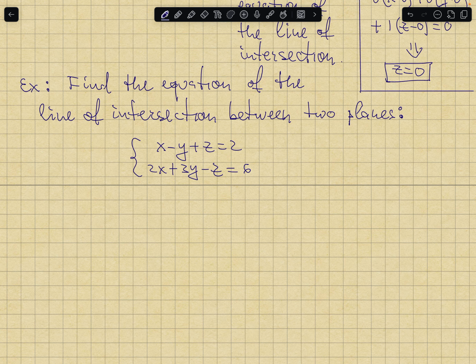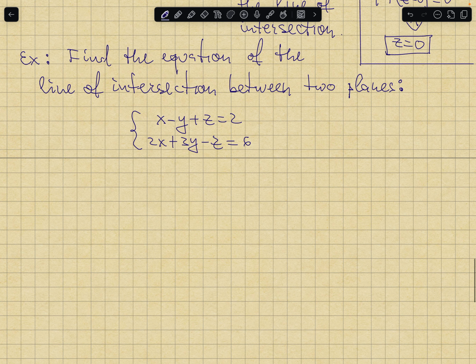And so the question is, actually, let's modify it a little bit. Between two planes, like that, if these planes intersect.